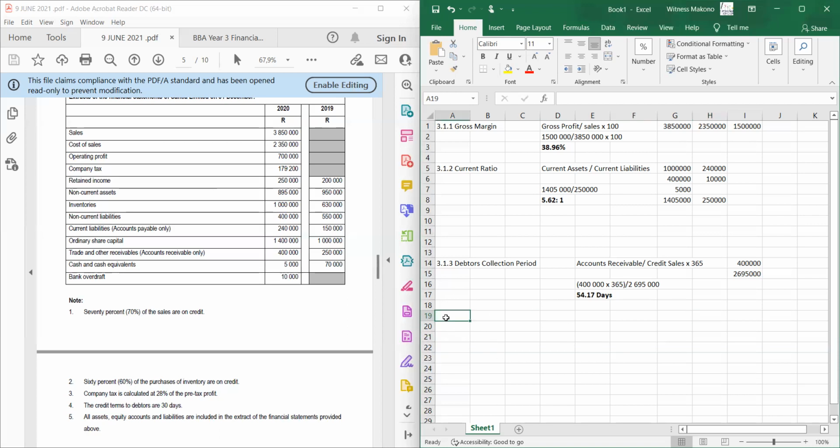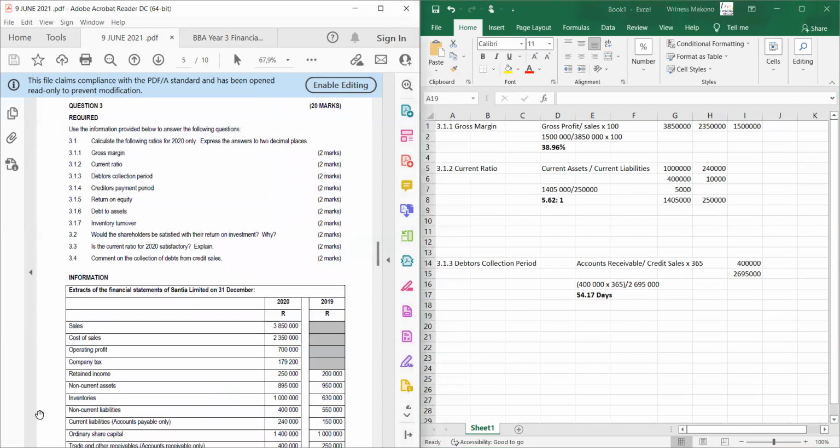Let's go to the other one, which is the creditors payment period. I hope everyone is following because I can only hear one voice here. Creditors payment period.